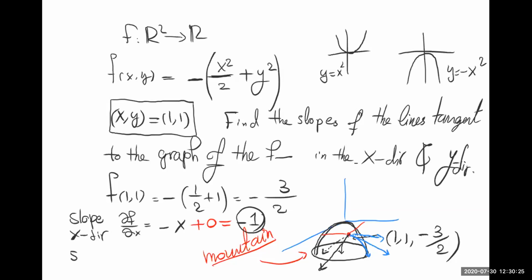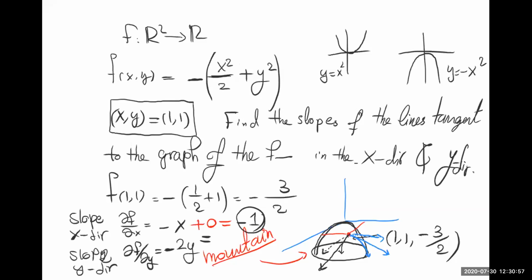Now, what is the slope in the y direction? If you are really climbing that mountain, if you walk in the x direction, the slope you would feel is minus 1. If you walk in the y direction, the slope you would feel as a person climbing that mountain would be the derivative with respect to y, which is minus, well, the derivative of the first term is 0 when we are taking the derivative with respect to y, and the derivative of the second term is 2y, so it would be minus 2y.